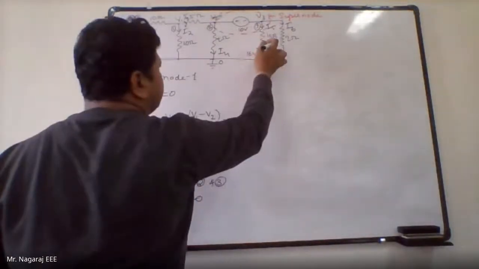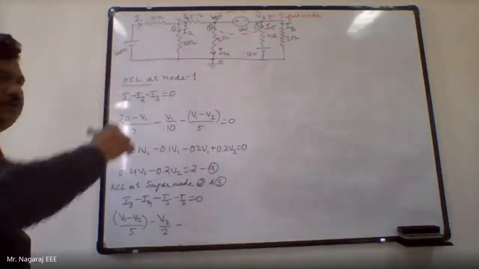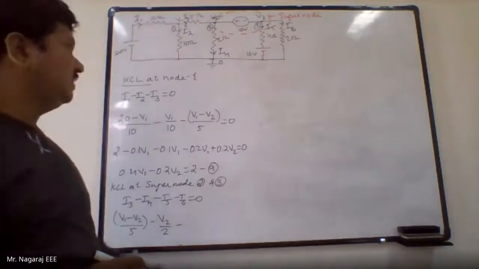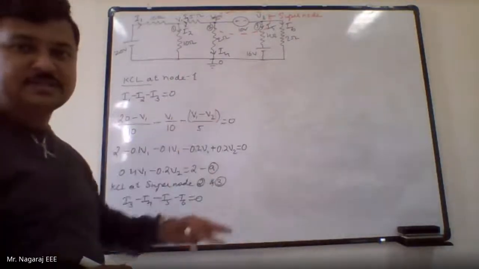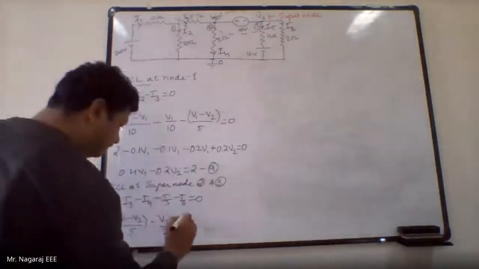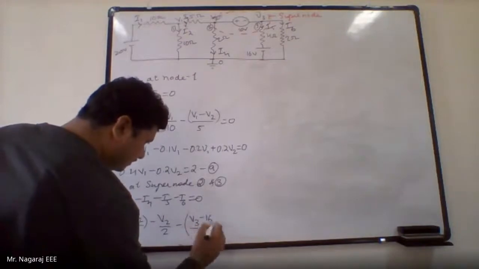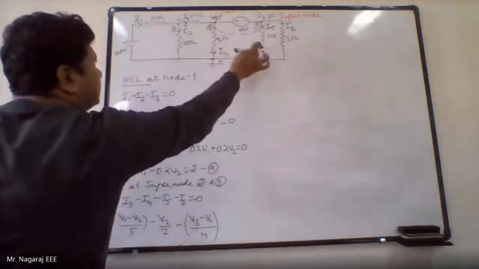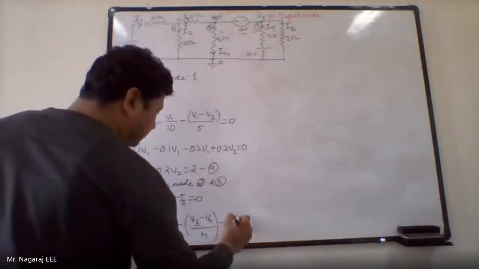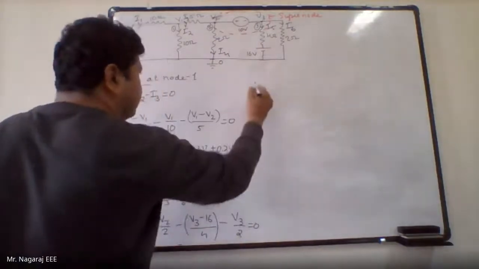It is from V3 towards 16, so with respect to the assumed direction of current, V3 is at a higher potential than 16 volts. Hence I take V3 minus 16 divided by 4. I6 is between V3 and reference, so minus V3 divided by 2 equals 0.